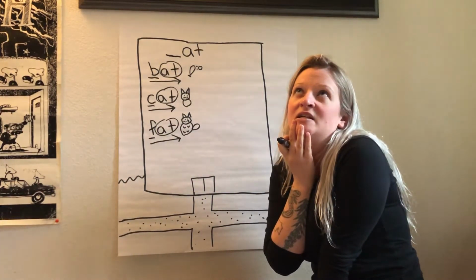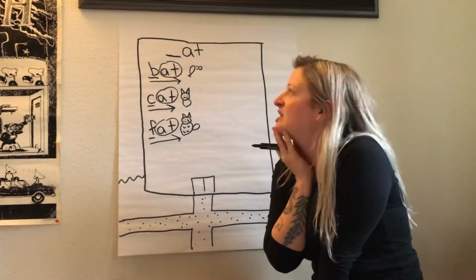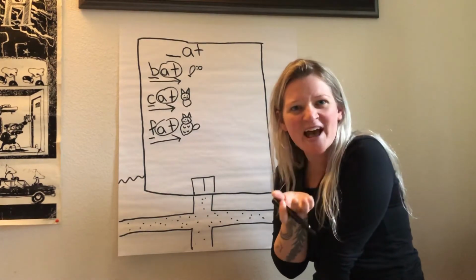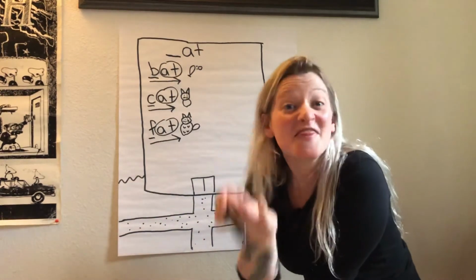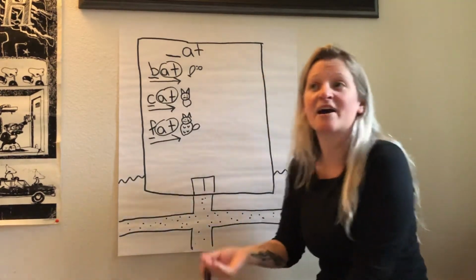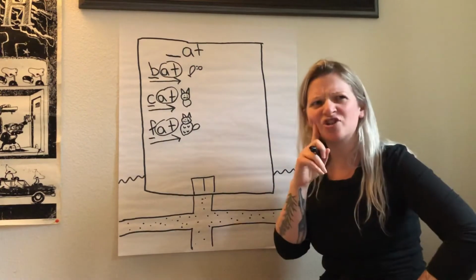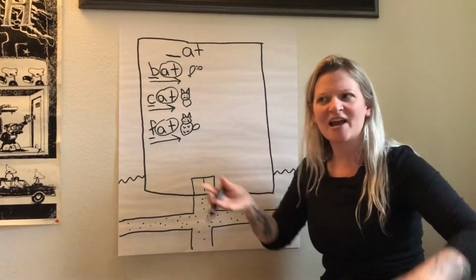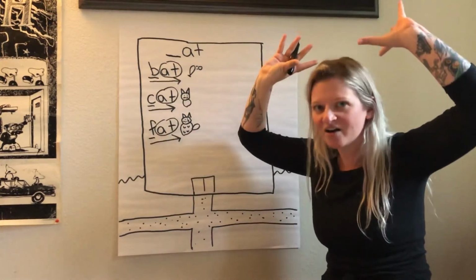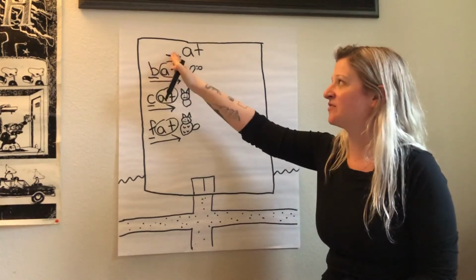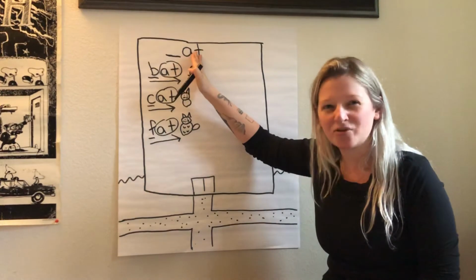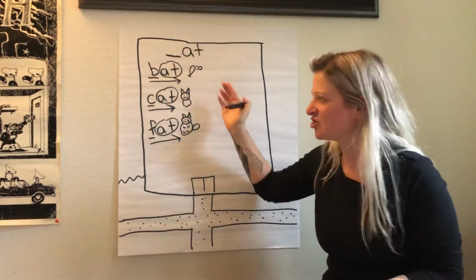A, B, C, D, E, F, G, H. Would H make a word with the at family? Let's try it. What sound does H make? That's right, it makes the H sound. What's our chant for the letter H? H, hat, H. So are you telling me if we put H in front of at, will it make the word hat? Let's try it.